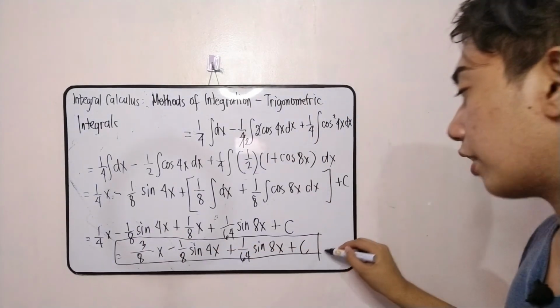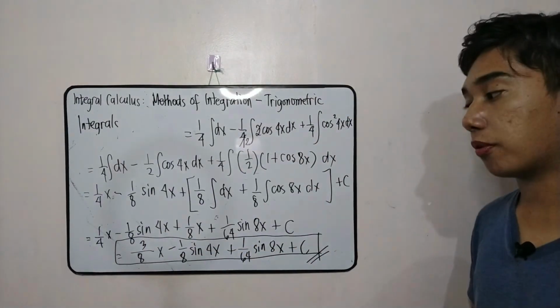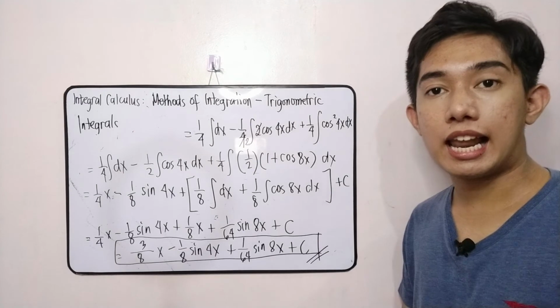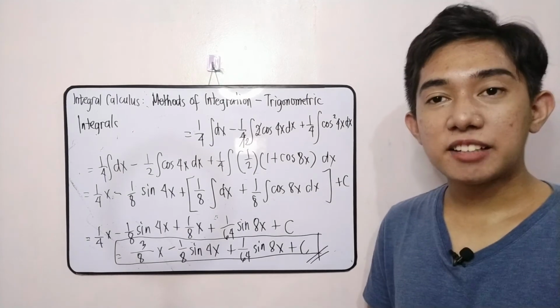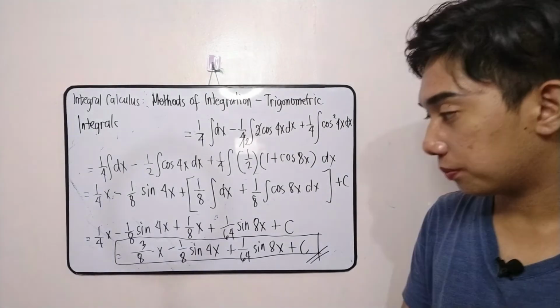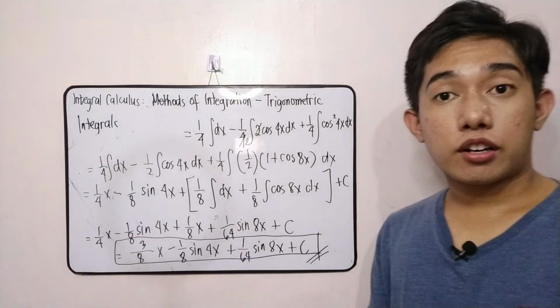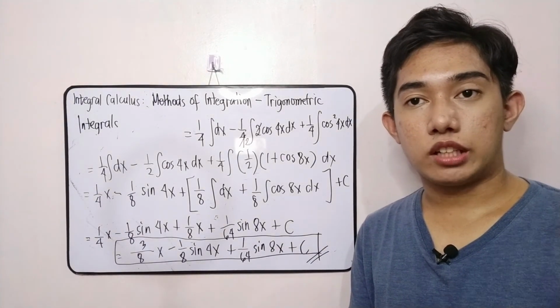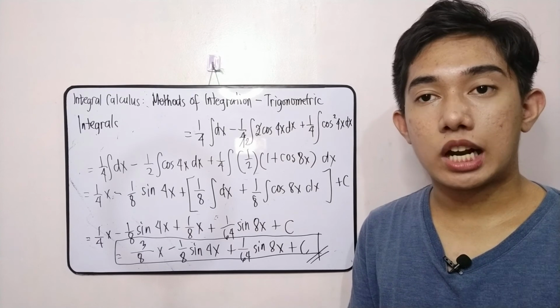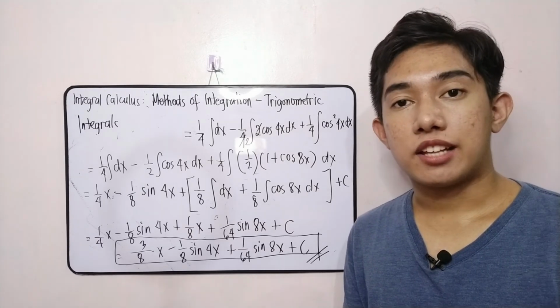So, hindi natin siya i-factor out, and probably some of your professors will accept this one as your final answer. Okay? So, these are examples for this section in trigonometric integrals, particularly in powers of sines and cosines.